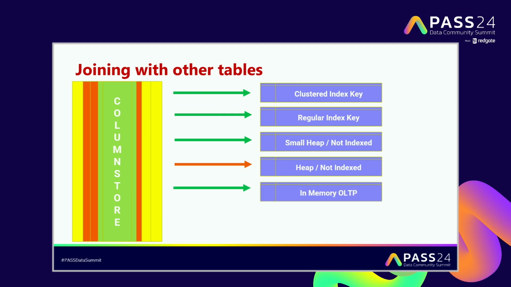Same if you hit in-memory OLTP tables, very good quick lookup tables if you need them. And the biggest disaster is if you have 2 column stores, because it will then create 2 hash tables. So it takes the content of one column store, tries to put it in TempDB, and then the content from the other column store and puts it in TempDB, and it's full way faster than before. But very surely before your query returns with a result, unless you have petabytes of TempDB.